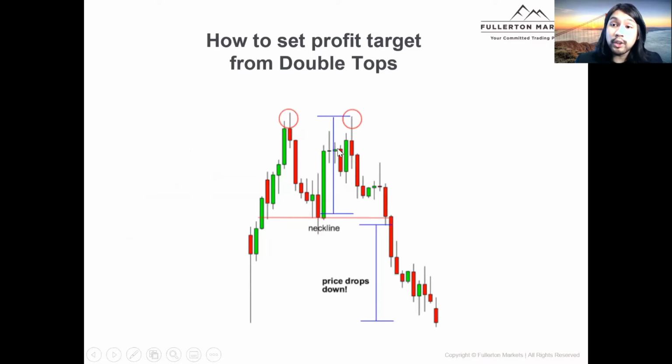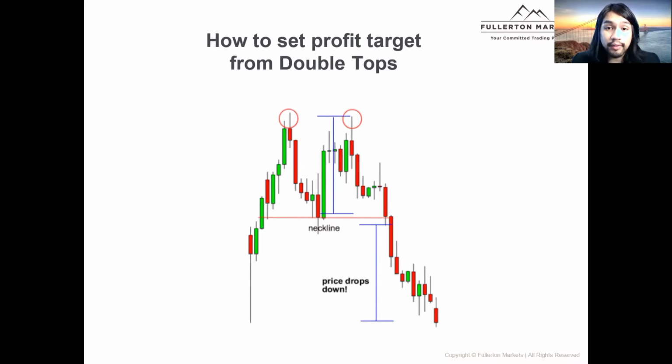I want you to measure from the bottom of the neckline to the top where the tops have formed. How do you do that? Well, there's a function on your MT4. It looks like a crosshair, and it's located on the upper left. You can click that, point at one area, drag it up, and see how many points it is worth, and that will be your target. Of course, you can also hit Control F.